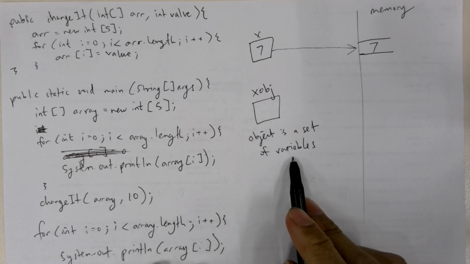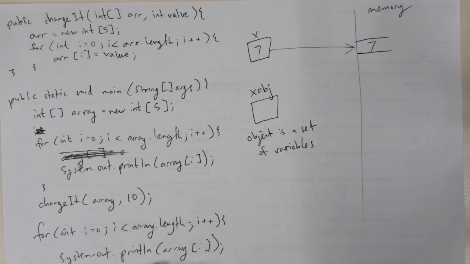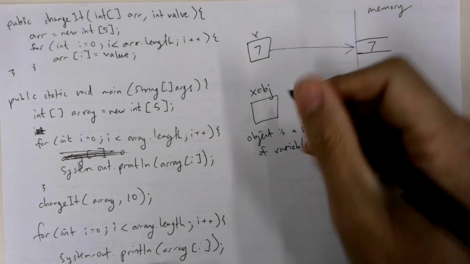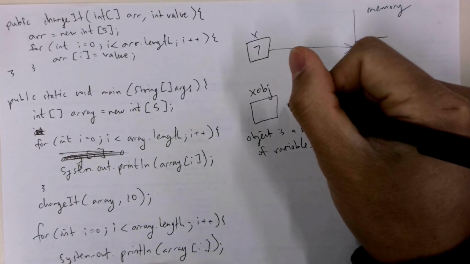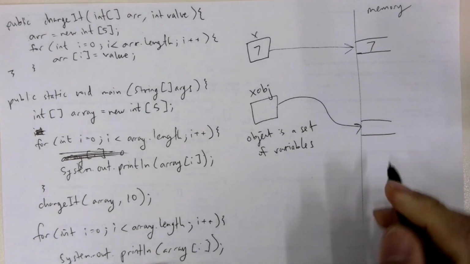If we had a student object, it would have a name, a student ID, a grade level, GPA. An object is a set of variables. And this variable can only store one value. So if I'm over here, it can only store one value.